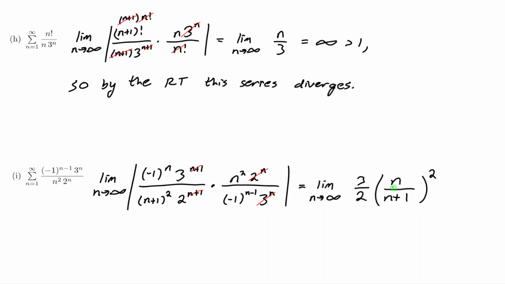That limit on the inside, however you go about that, either recognize it as a rational function, divide everything through by n, or use L'Hopital's rule, you're going to get a limit of 1. Inside, squared is still equal to 1. This is going to be equal to 3 halves, which is greater than 1. So by the ratio test, the series diverges.